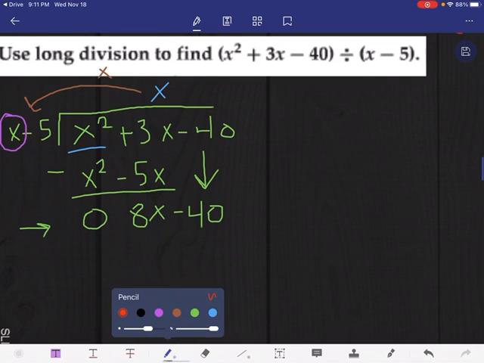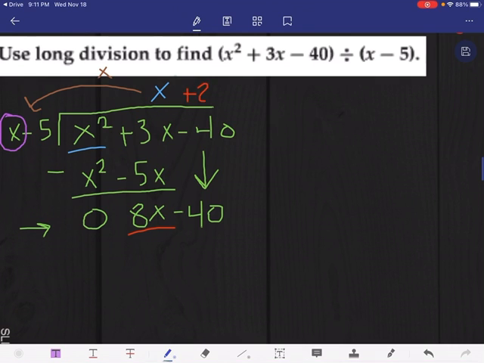And then basically, just like before, we start that whole process over again. So I'm going to say, what do I need to multiply x by to get 8x? Well, we would have to multiply that by an 8. And then we do our multiplication again. So 8 times x gives us an 8x.